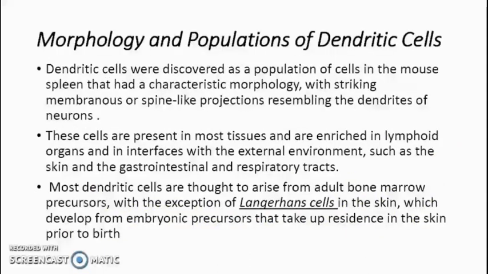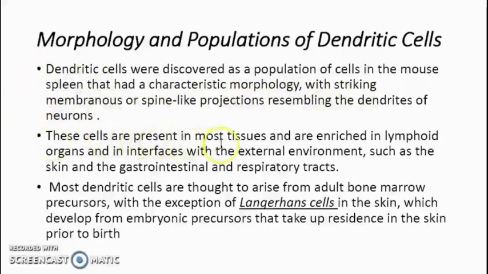Morphology and population of dendritic cells. Dendritic cells were discovered as a population of cells in the mouse spleen that had a characteristic morphology with striking membranous or spike-like projections resembling the dendrites of neurons.